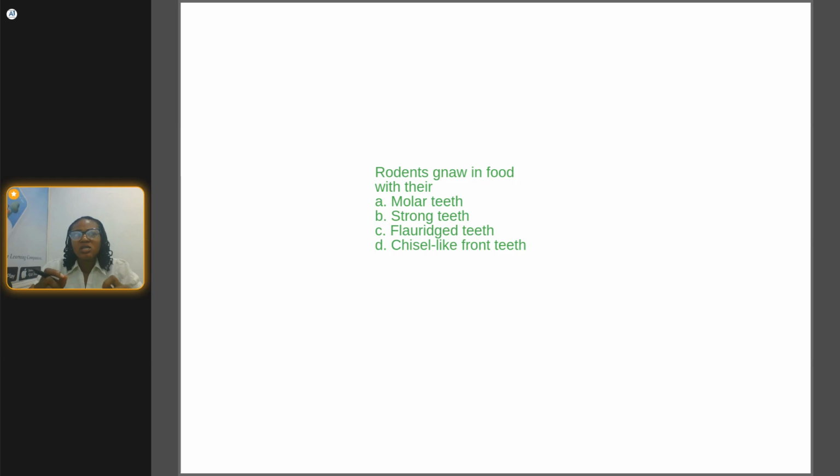According to the explanations, what would they use to catch their food, to gnaw their food? Of course, it is their front teeth, and that is why the answer is chisel-like front teeth, for them to be able to catch and gnaw the food.